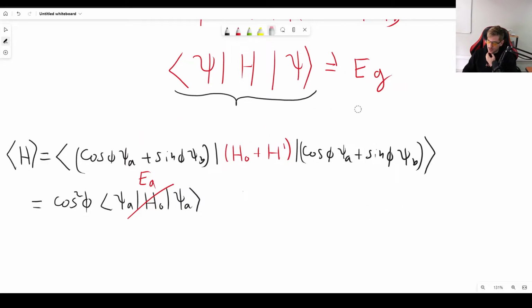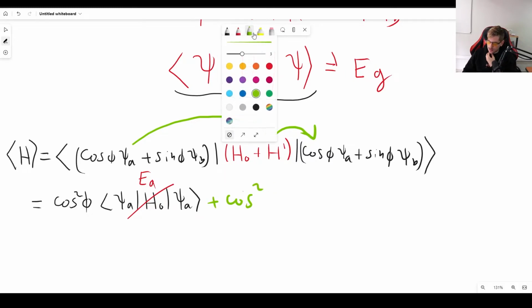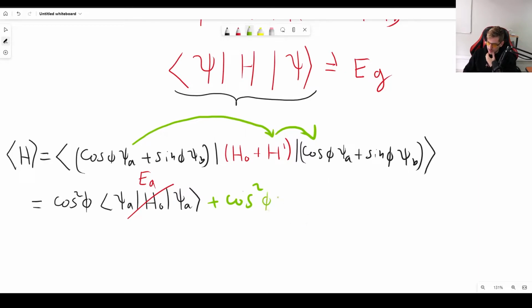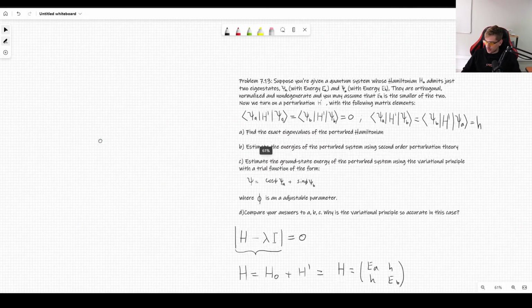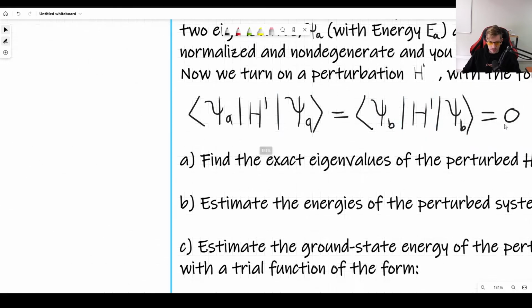And that's actually going to happen quite often, because the next term is sine. Well, it depends which one you want to multiply. Maybe we can continue with the cosine. So then we go for this times this. And now once again, what do we have? We have cosine squared of phi times psi A H prime psi A. But by definition, again, right here, this is 0.